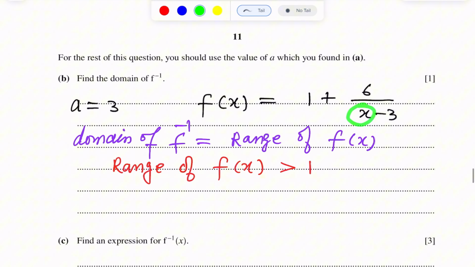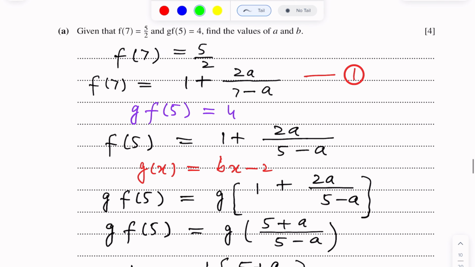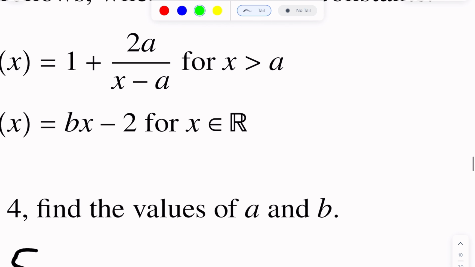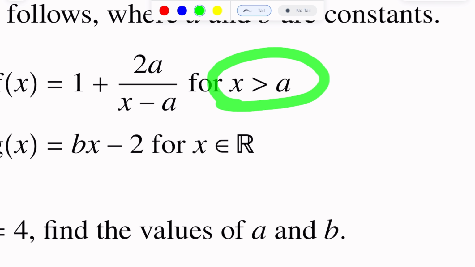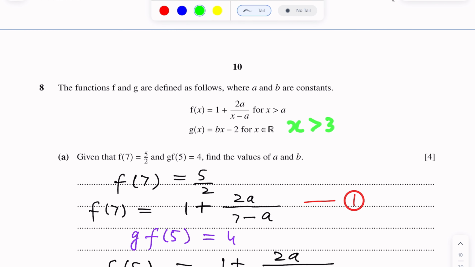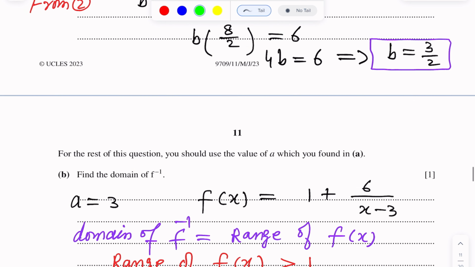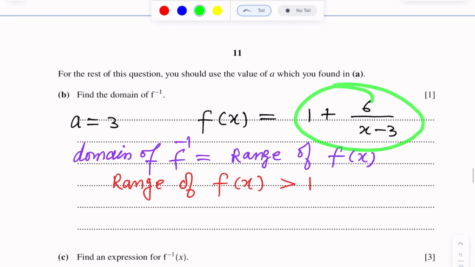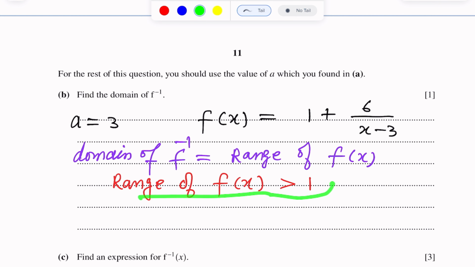The domain is given that x is greater than a, we are using 3, x is greater than 3. If we put any value greater than 3, we always get the answer greater than 1. So the range of the function is greater than 1.